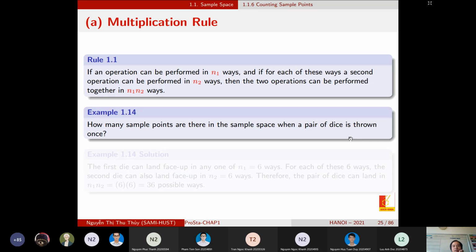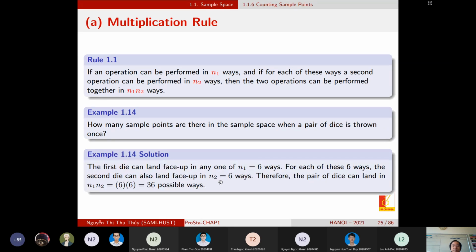That means we roll the two dice at the same time. The first die has 6 outcomes, and the second die also has 6 outcomes. So the pair of dice can have 6 multiplied by 6, or 36 outcomes. This is an easy example.